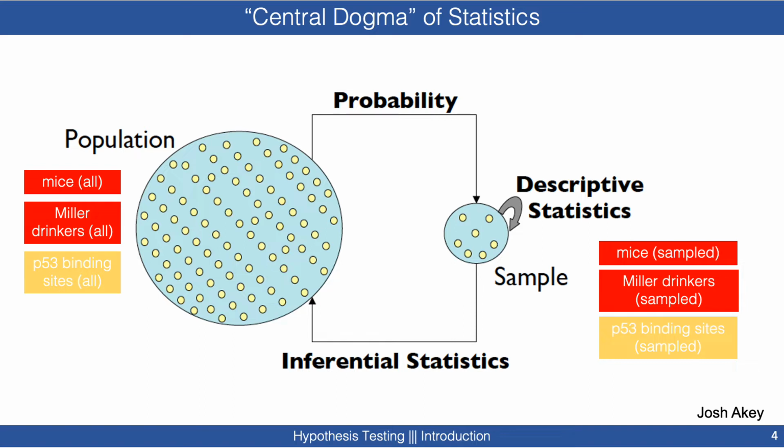So in this case, the general population is your null hypothesis, and you are going to test whether the sample that you have is significantly different from the regular population of genes in the density, for example, of p53 sites on those promoters.